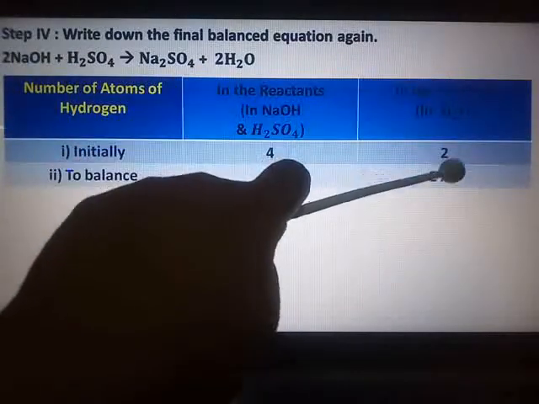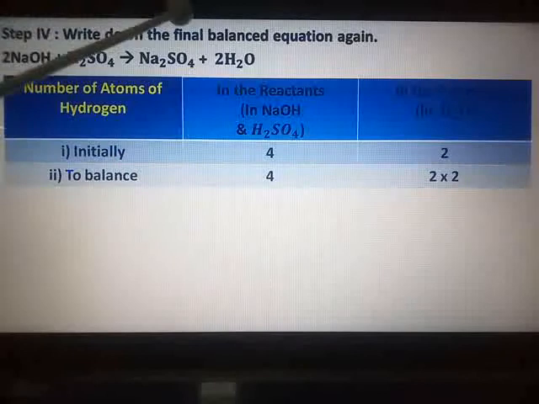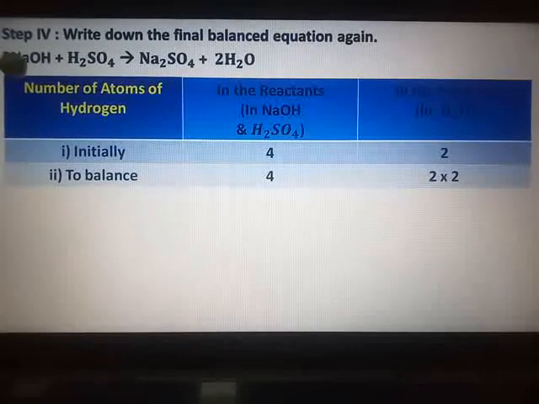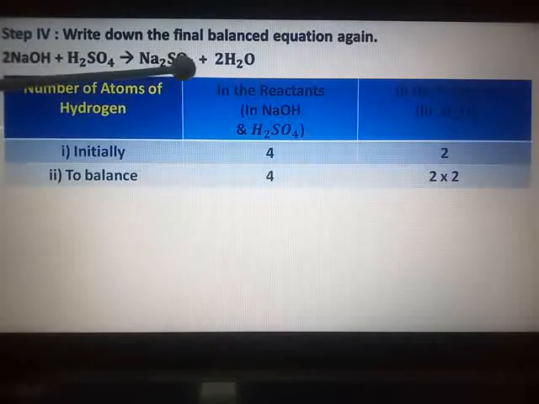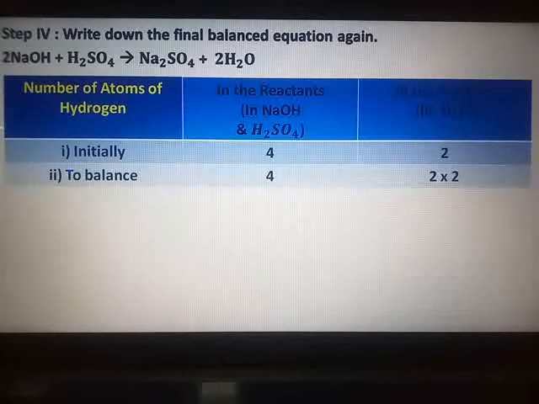Now you multiply by 2 in the water on the product side, so add a 2 over here. Now let us check whether the equation is balanced. Na is 2, Na is 2. O is 2 plus 4, 6, and 4 plus 2, 6. H is 2 plus 2, 4, and 2 twos are 4. So the equation is balanced. Here we have studied how an equation is balanced stepwise.